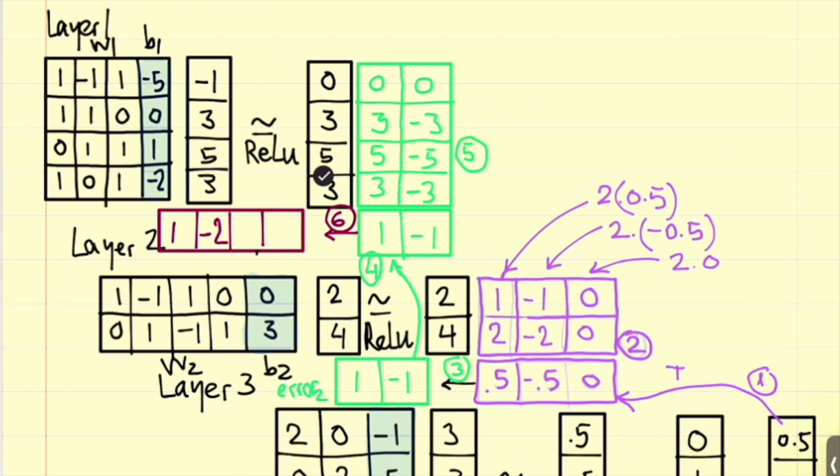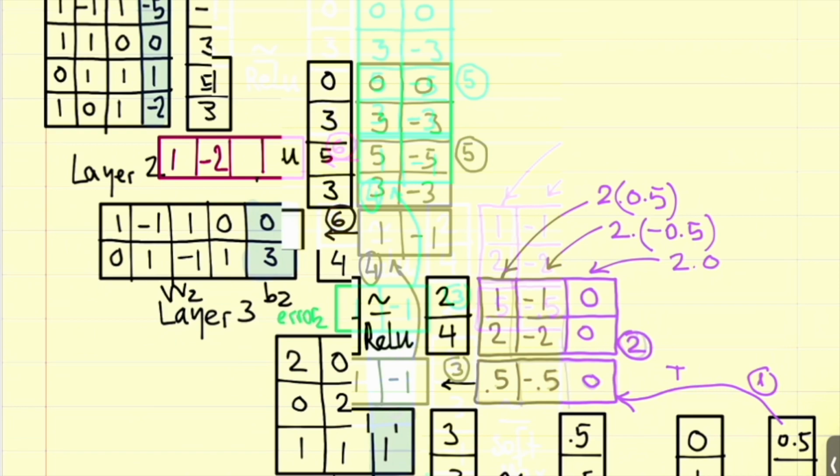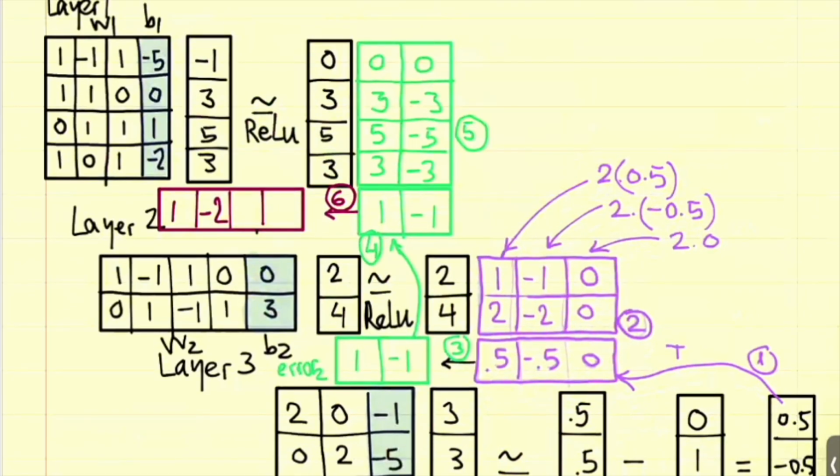Then 1 times 1 minus 1 times minus 1, yielding 2. And 1 times 0 plus minus 1 times 1 is minus 1. And this is the error number 1.